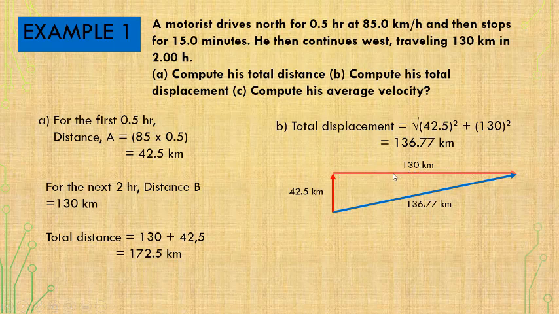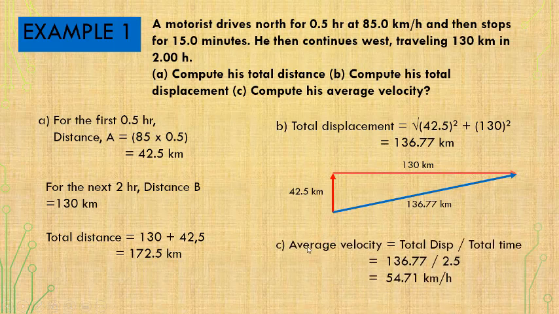So we can draw a path to get the straight line distance for the motorist. Here we can see we get the shape of a right angle triangle, so we can use Pythagorean theorem to calculate the total displacement of 136.77 kilometers.